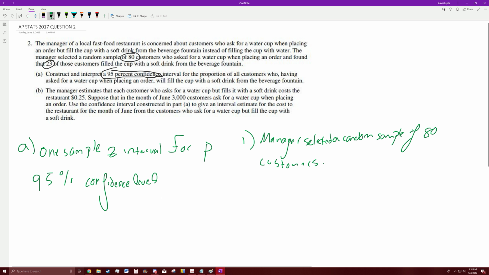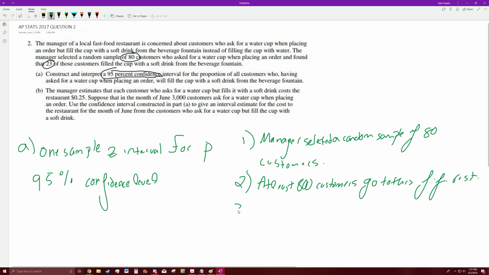Now, it doesn't say the time frame, and this independence condition doesn't really matter, but I always feel safe just putting it in. We can just say at least 800 customers go to this fast food restaurant.